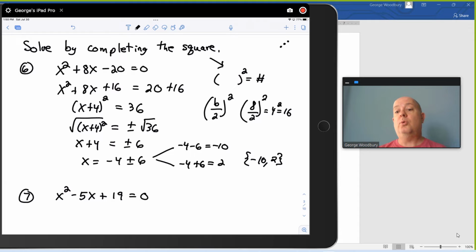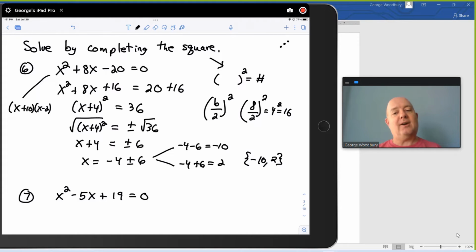By the way, when those are integer solutions, that means that we could have factored, or if you don't see a square root in your solution, that means that you could have solved it by factoring. And quick side note, x squared plus 8x minus 20 factors to be x plus 10 times x minus 2. And I could have basically read the solutions from that factored form.